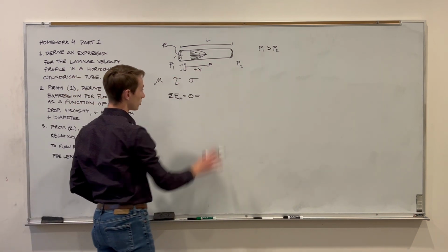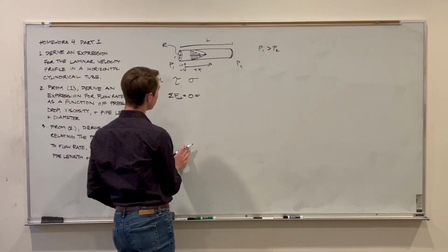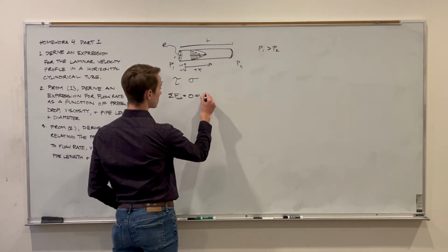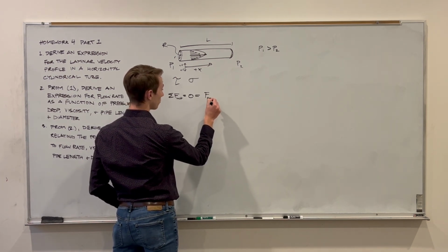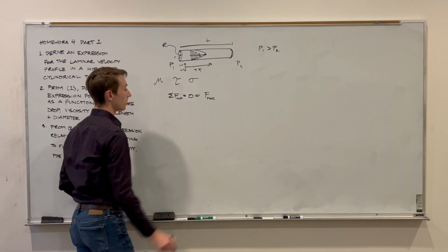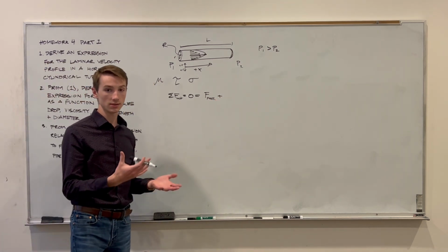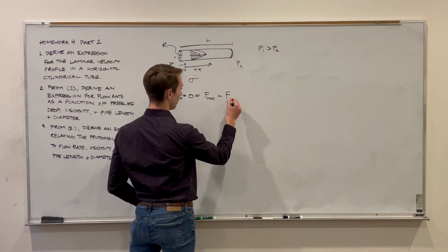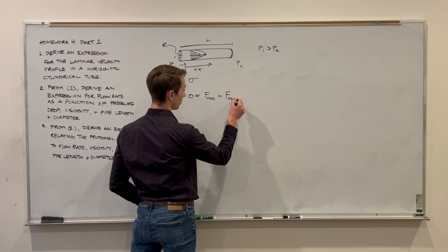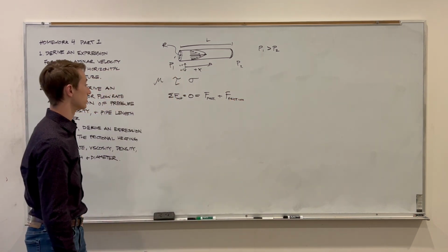The pressure causes a force across the area of the surface there. So we have that force due to pressure. And then we also have the force due to the viscous friction effect, right? And those added together have to equal 0.